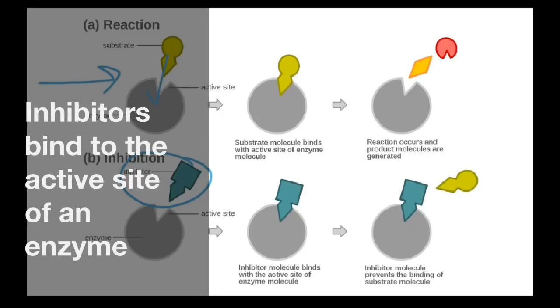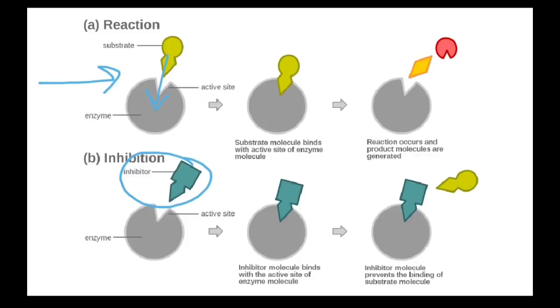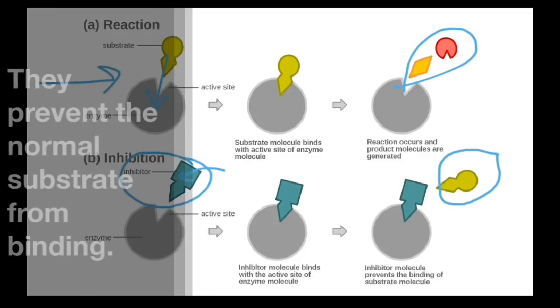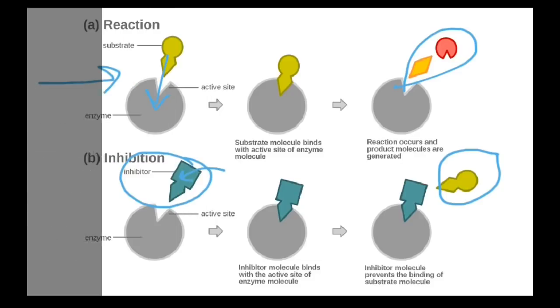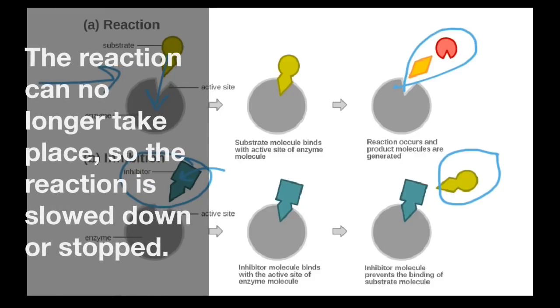The substrate binds to the enzyme and products are released. But these inhibitors can bind to the active site, preventing those substrates from binding, and so that reaction can no longer take place. The enzyme is null and void. The enzyme no longer works. And so it effectively slows down the reaction.